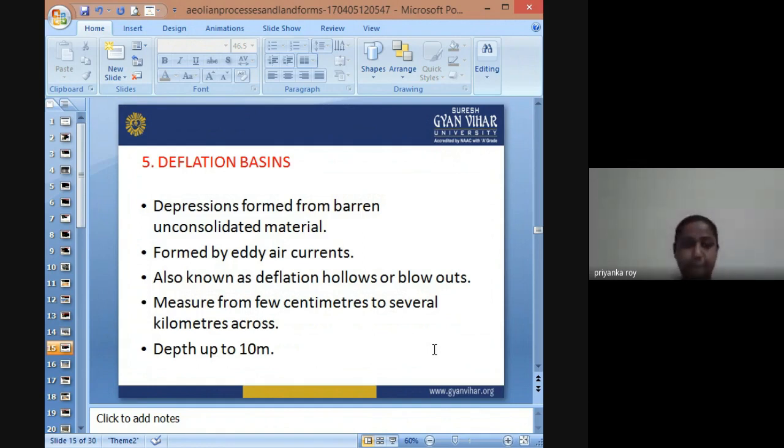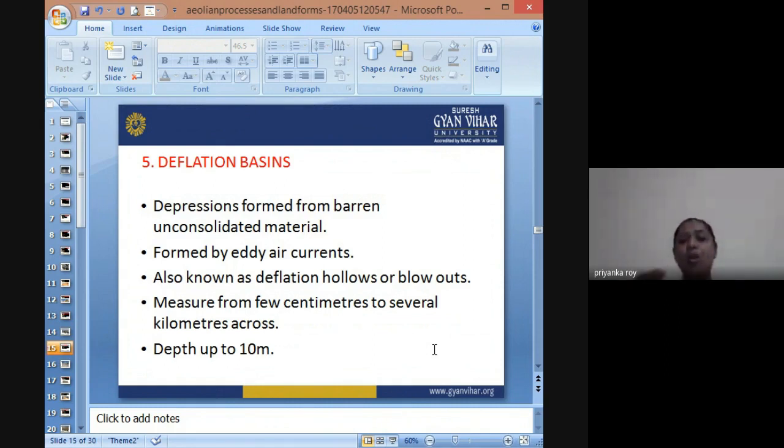Now, deflation basin: a depression formed from barren, unconsolidated material formed by eddy air currents. What are eddy air currents? Eddy air currents are like continuous flowing air currents, also known as deflation hollow, or blowout.